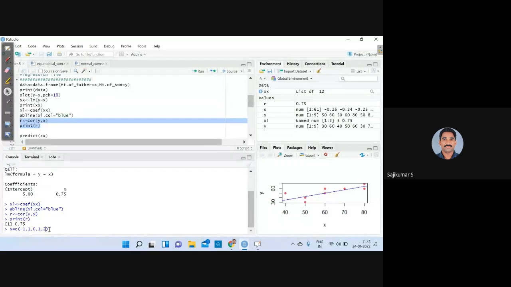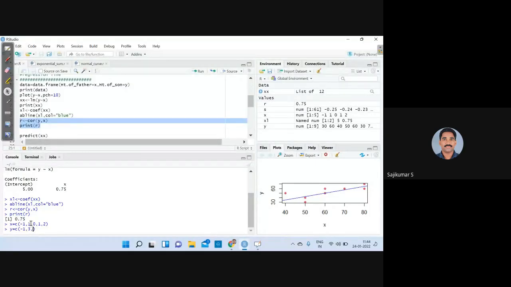Suppose these are the x coordinates: -1, 0, 1, 2. The y coordinates are given by the formula y is equal to 2x plus 1: for x equal to -1, y is -1; for x equal to 0, y is 1; for x equal to 1, y is 3; for x equal to 2, y is 5.